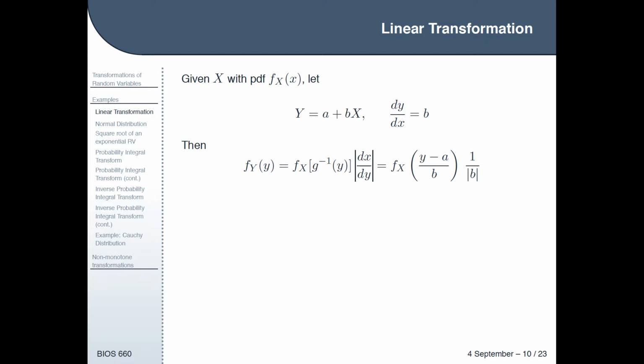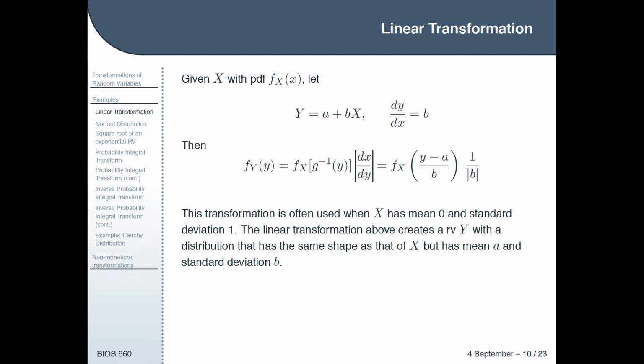In this case, once again, the inverse is y minus a divided by b, so the derivative will be 1 over b, and we can say absolute value so we don't have to do special cases depending on whether b is positive or negative.